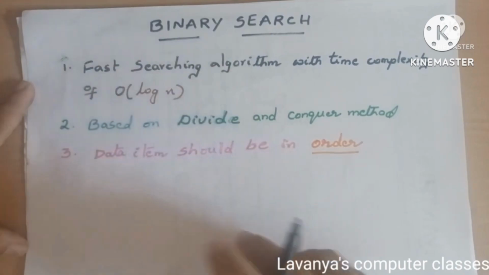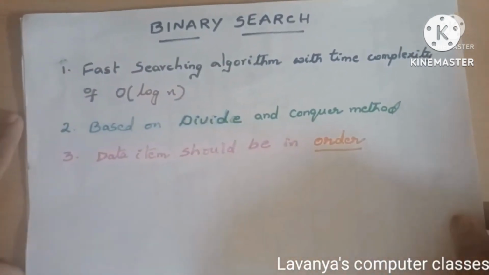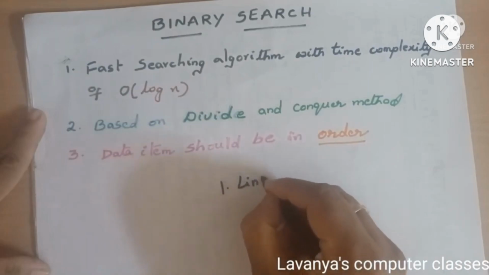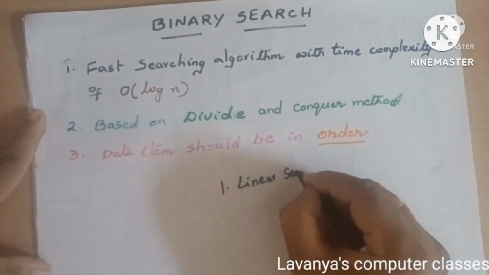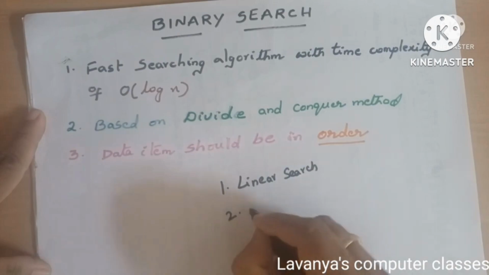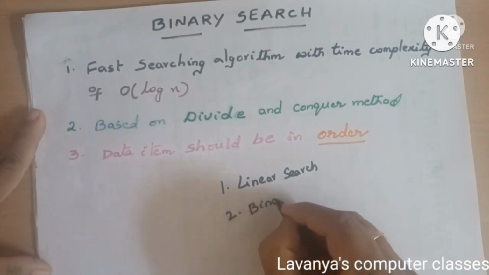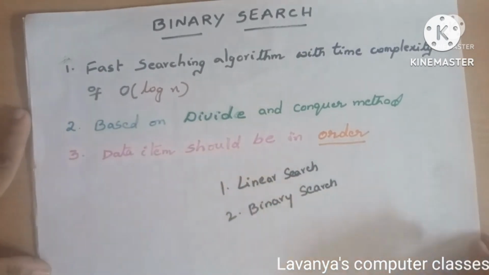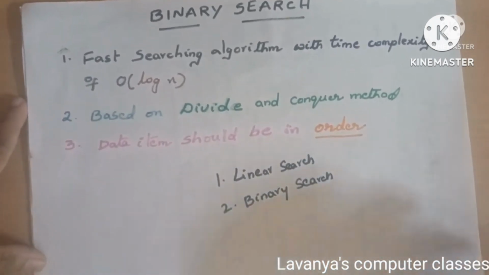We have two types of searching algorithms: one is linear search and the second one is binary search. Linear search is also known as sequential search. Linear search is also a good example of a searching technique.